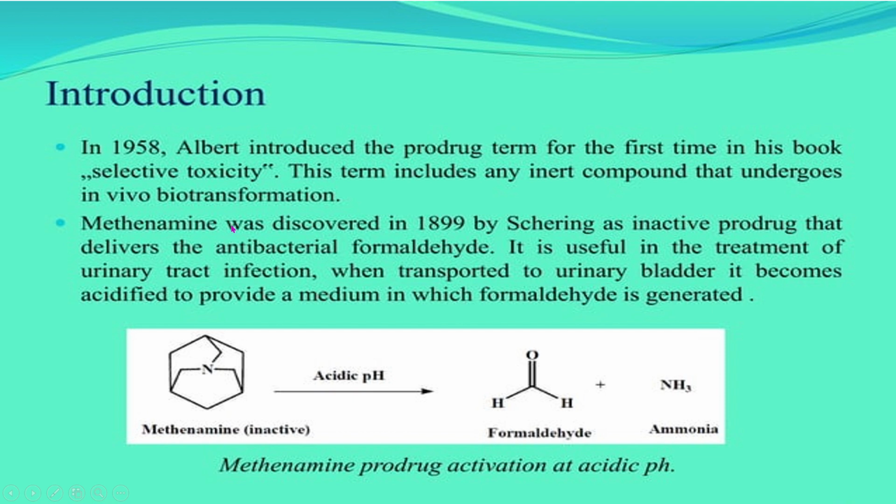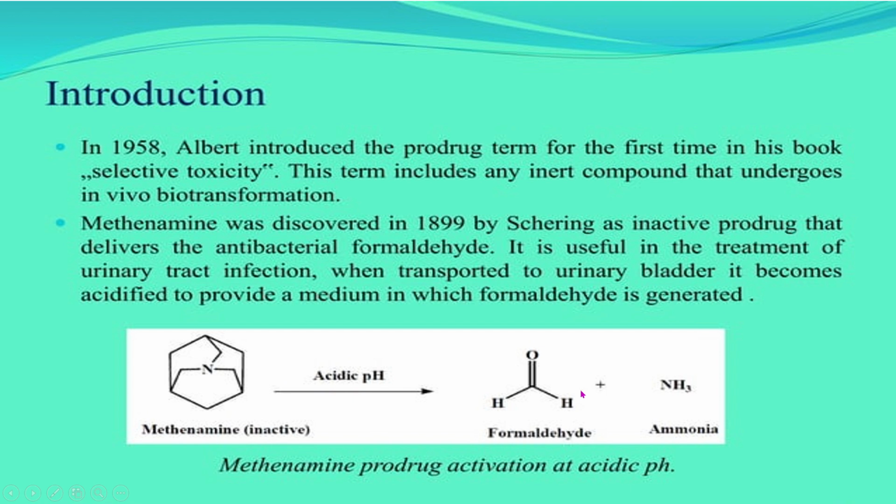Now, this methenamine was discovered in 1899 by Schering as an inactive prodrug which delivers the antibacterial formaldehyde. If methenamine comes in contact with acidic pH, it will change its structure and the product obtained is formaldehyde plus ammonia.